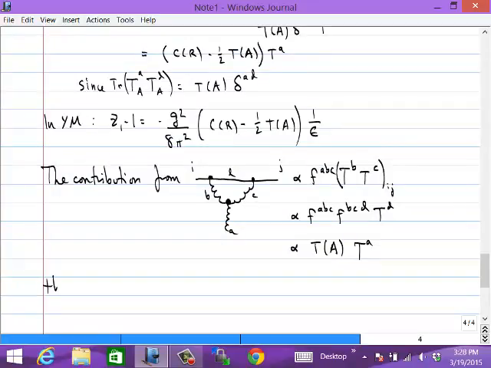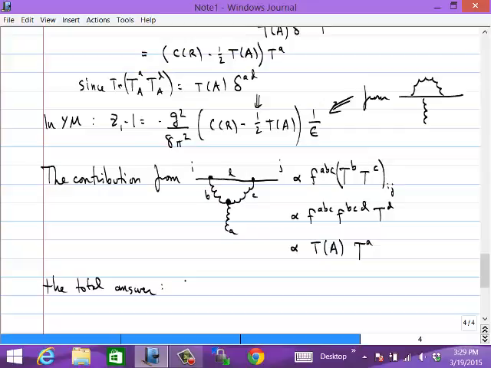So the total contribution is given by this answer here. This was from this diagram that we were already familiar with from QED, plus a correction to this coefficient right here.